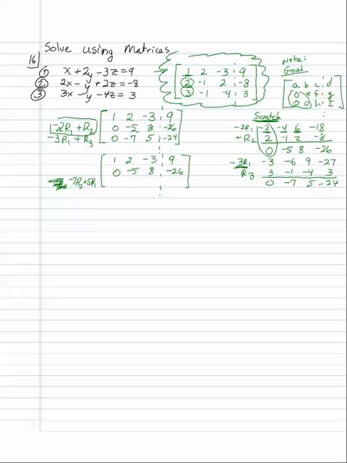Normally I would just do this on a scratch piece of paper, or with practice I do this on the fly and just write down the answer as I go.